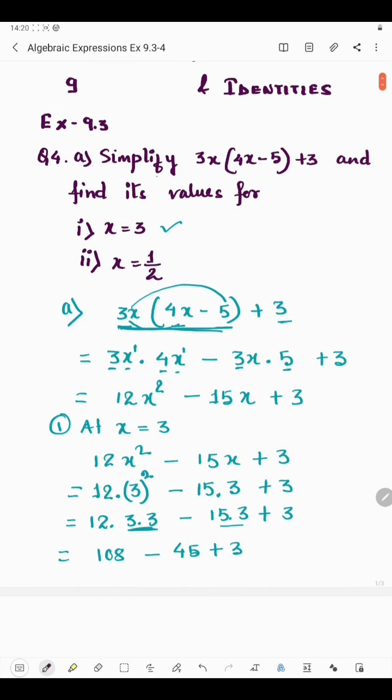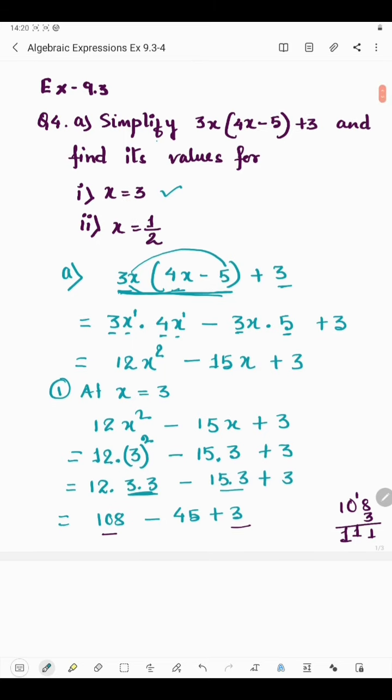Now we will calculate these two first. These have similar signs, so we will add 108 and 3. If you add 3 to 108, you get 8 plus 3, 11. 1 carries, so 1 plus 0 is 1 and 1 will come down, so it's 111.